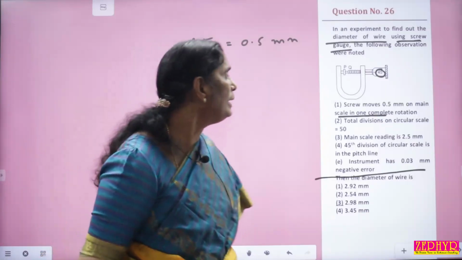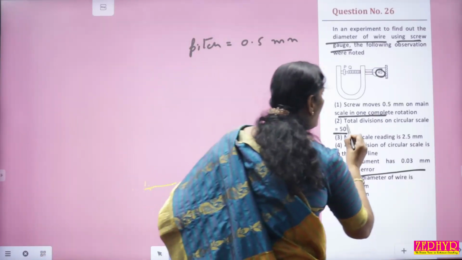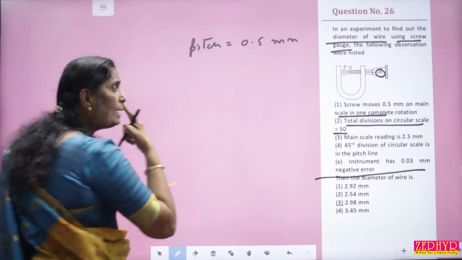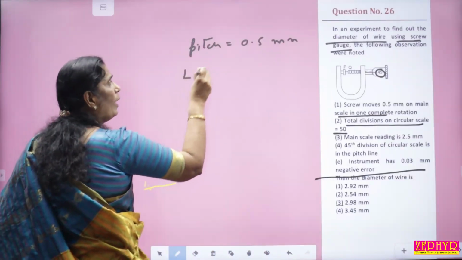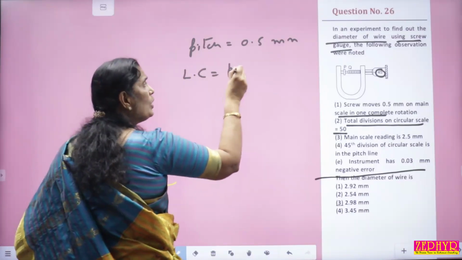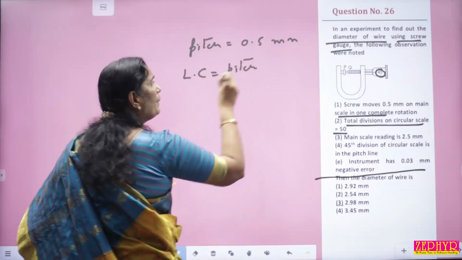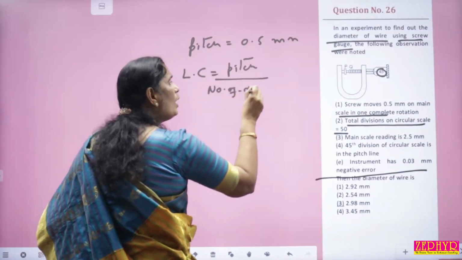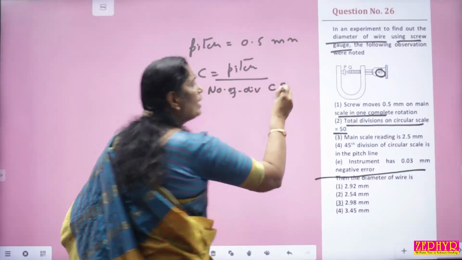After that, how many divisions are there on the circular scale? 50 divisions. So that we use to find the least count. What is the least count? Least count is nothing but pitch divided by the number of divisions on the circular scale.